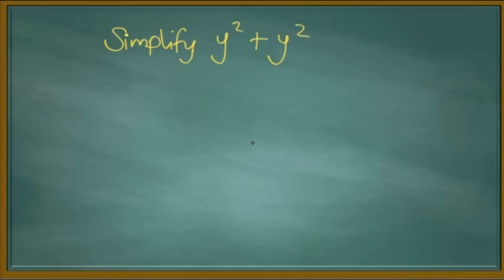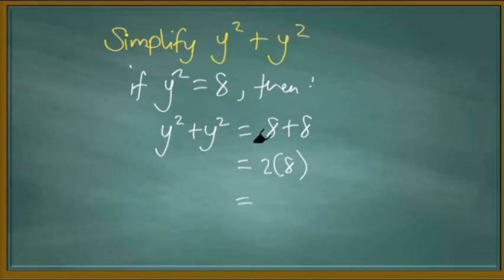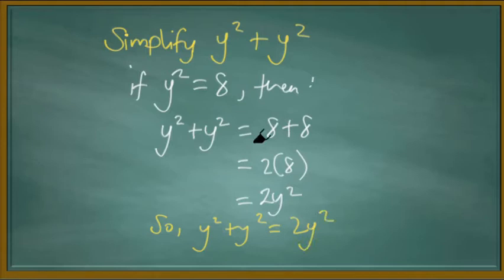Now, if we suppose that y squared is equal to 8, then we have y squared plus y squared to be equal to 8 plus 8. 8 plus 8 is 2 eighths, which is the same, if we go back to our supposition, as 2y squared. This means that y squared plus y squared is equal to 2y squared.